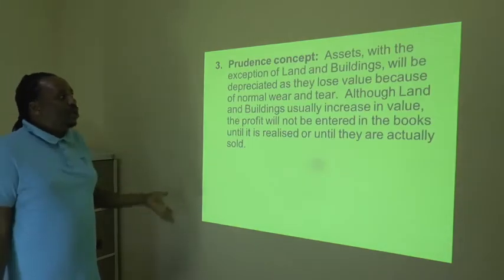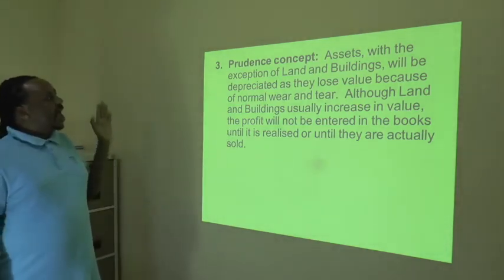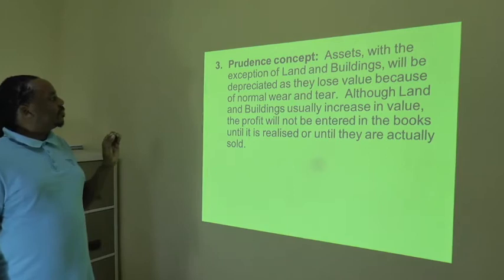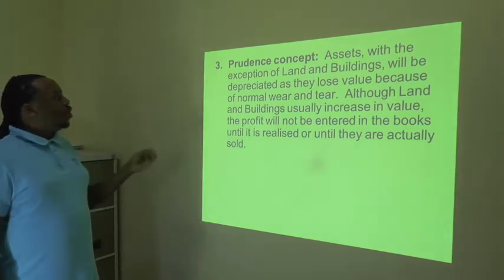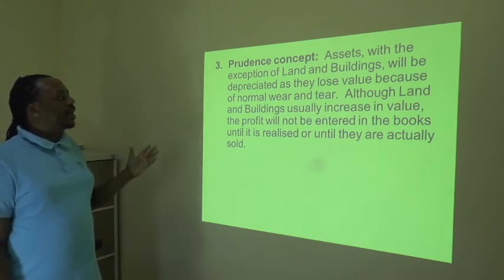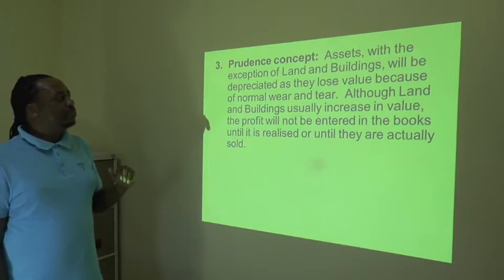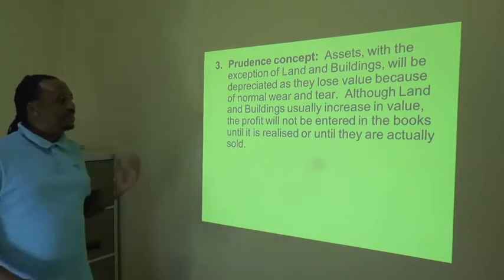Prudence principle or concept. How does it also link with the tangible asset? Assets, with the exception of land and building, will depreciate. We will depreciate tangible assets as they lose value because of normal wear and tear.